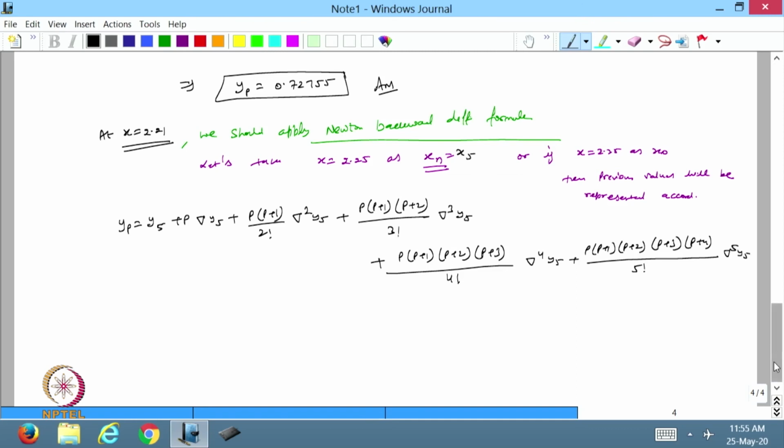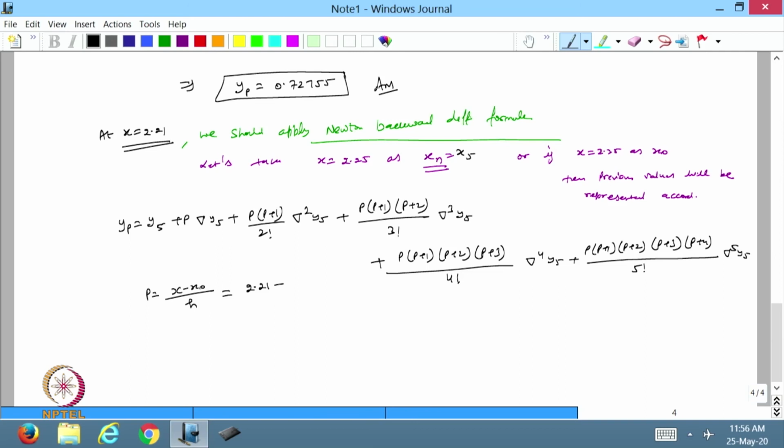Now, if I substitute the corresponding values, first of all I want to find what is my p. In this case my p will be x minus x naught by h. Now, my x is 2.21 minus x naught we have chosen.